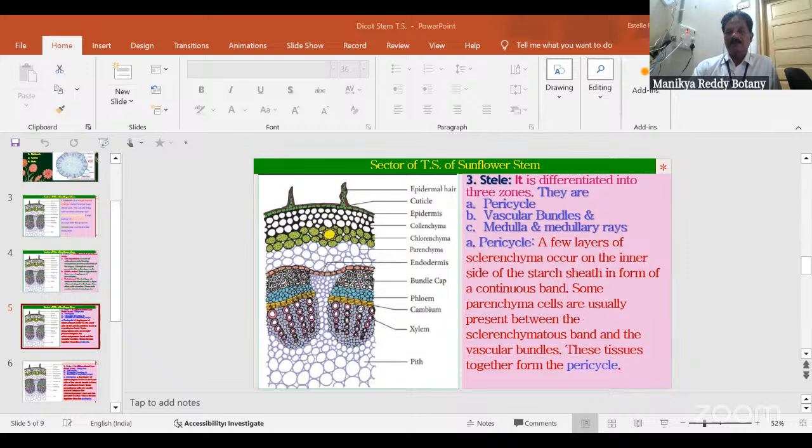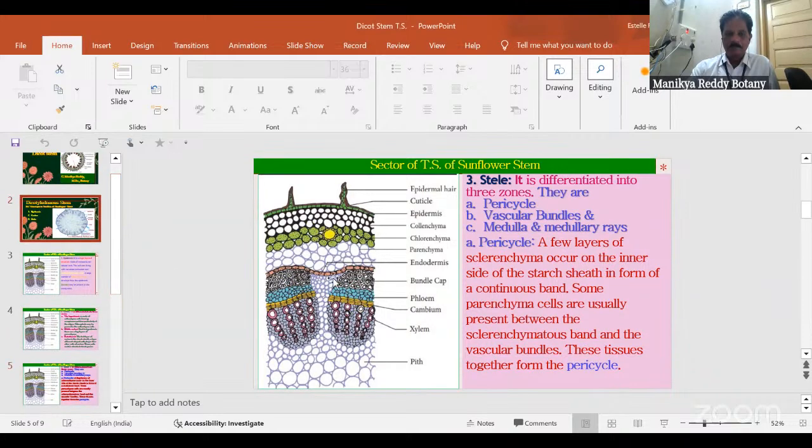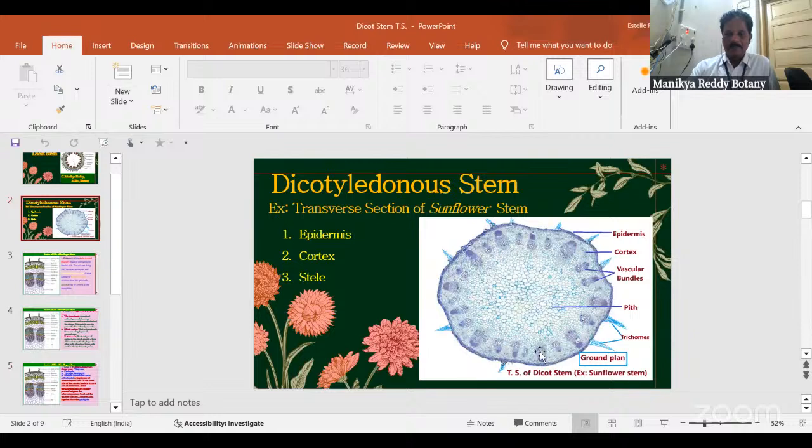Vascular bundles are limited in number, arranged in a circle. Such a type of stele is called eustele.